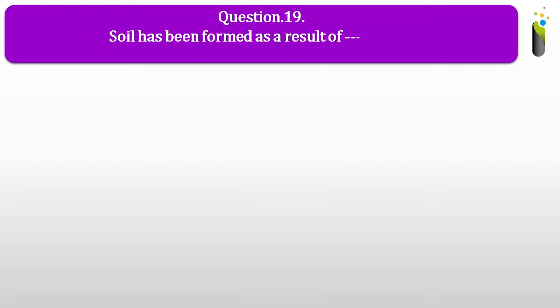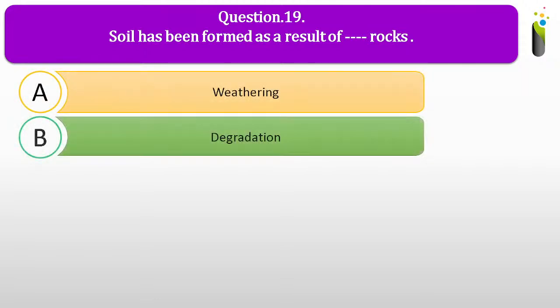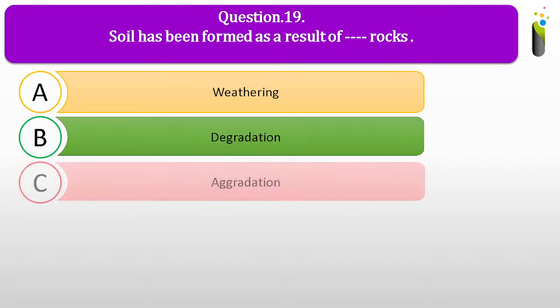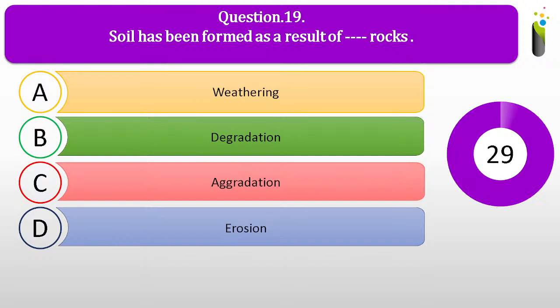Soil has been formed as a result of dash rocks. A. Weathering. B. Degradation. C. Aggradation. D. Erosion. And your time starts now. The question is quite easy.